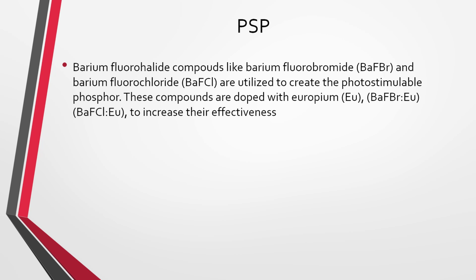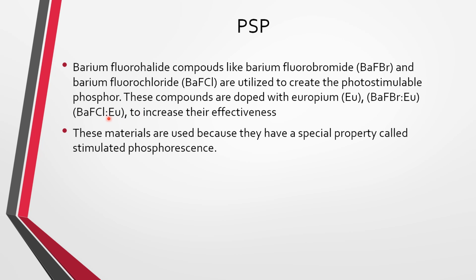The barium fluorohalide compounds like barium fluorobromide and barium fluorochloride are utilized to create the photostimulable phosphor. So the PSP is the photostimulable phosphor. These compounds are doped with europium to increase their effectiveness. So the compounds used would have these chemical forms.